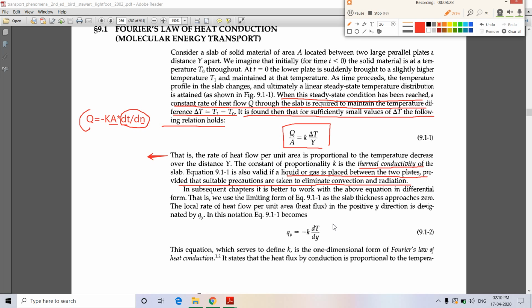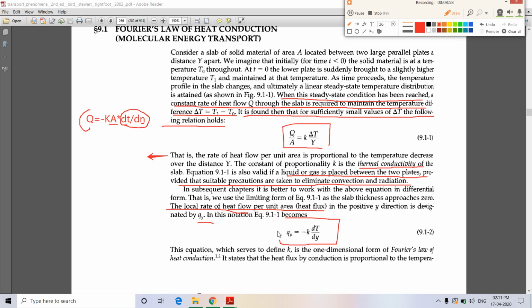So the local rate of heat transfer, or heat flow per unit area, that means flux Q by A. If we divide by A, that means Q by A, heat flow per unit area, which becomes our heat flux, in the positive Y direction is designated by QY. In this nomenclature, the equation becomes this.